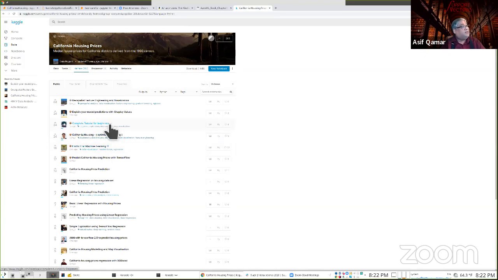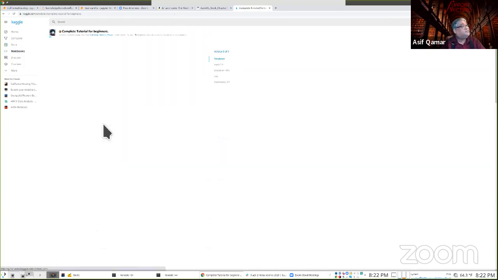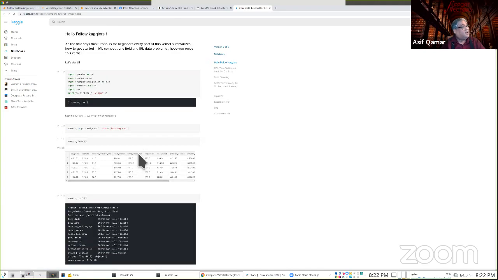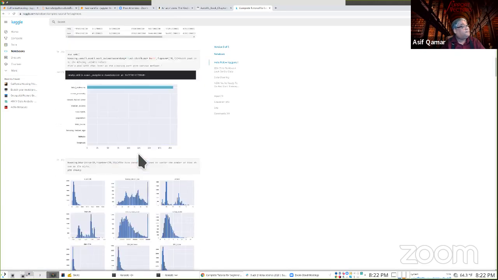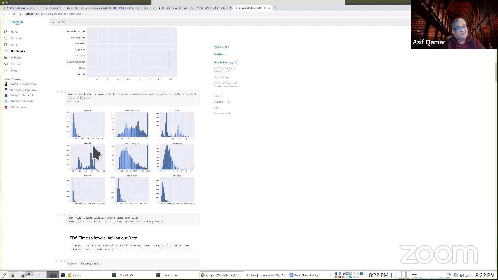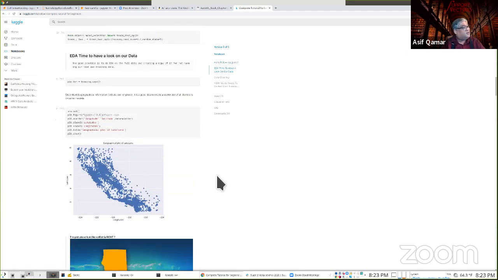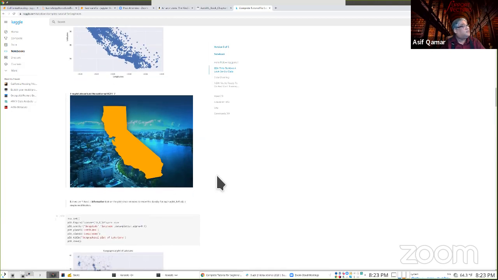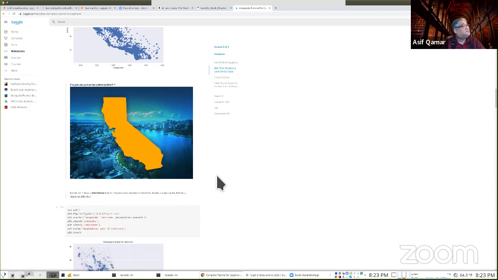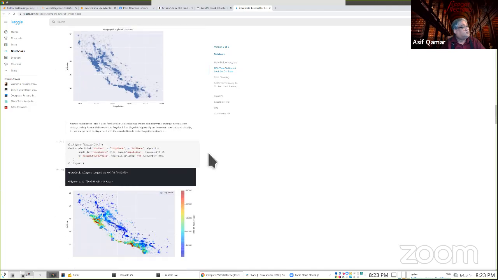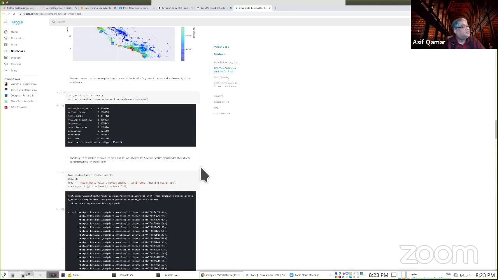Complete tutorial for beginners. Let's try our luck here. Hello, Kagglers. There's that. Oh, we have this, obviously. The other notebooks didn't have this. The scatter plot leaves something to be said. Then, yeah, more of the scatter plots.